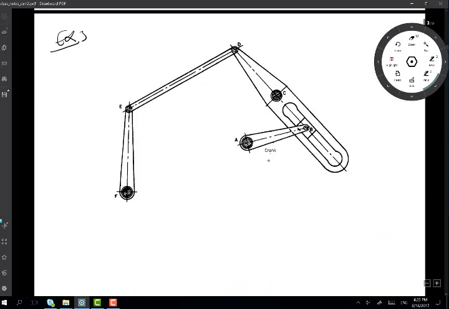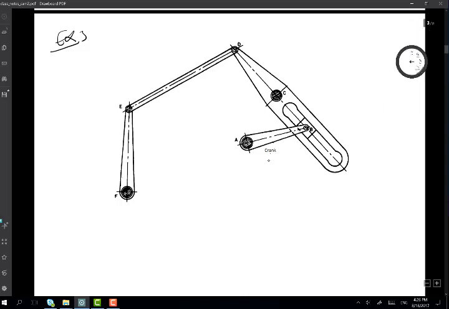In this case, I have a similar interesting situation. That's my crank, and when you look at this linkage, I can break it into two different things. I can break it into a slider crank linkage here, whereby the crank drives the slider, which causes this link to swing.